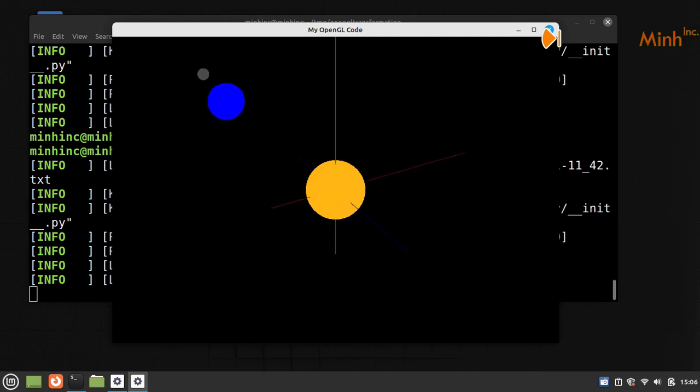Okay, so x, y and z axes are visible, and Earth is moving in the xz plane around the y-axis, whereas moon is moving around Earth, and it is moving orthogonal to the way Earth is moving. So this is the reality, the way moon moves.